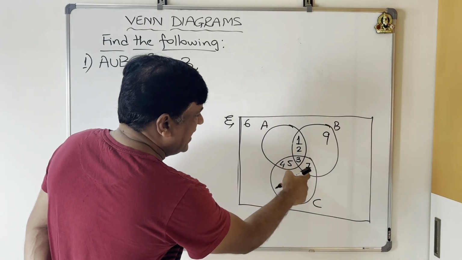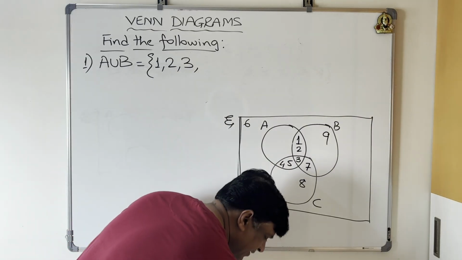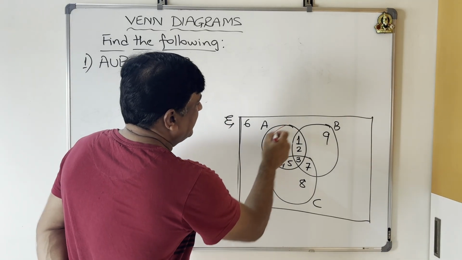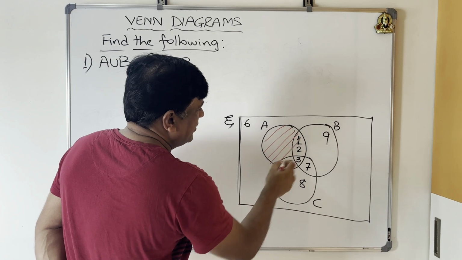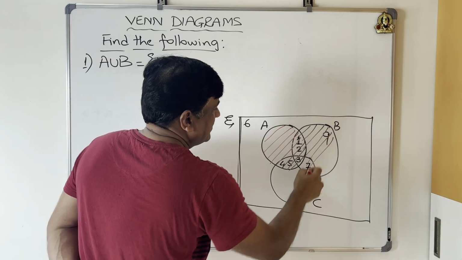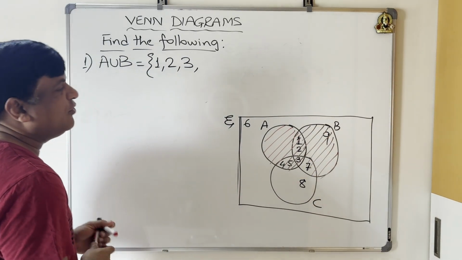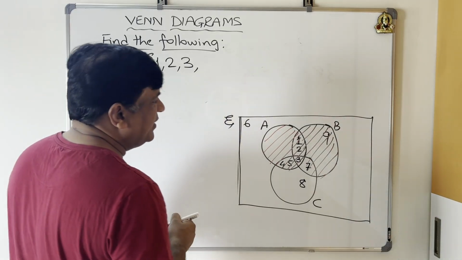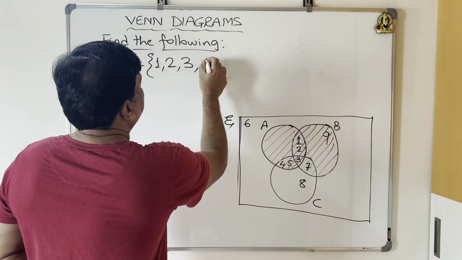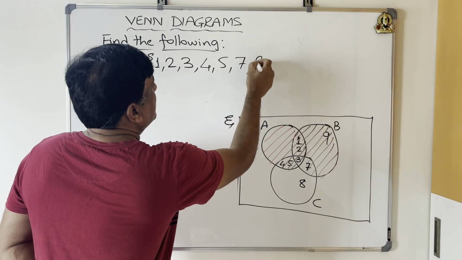All these elements come in this particular boundary, and that is how you're going to shade it. It becomes 4, 5 and 7, 9.